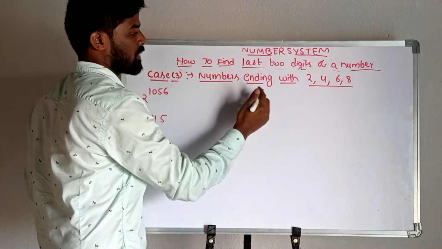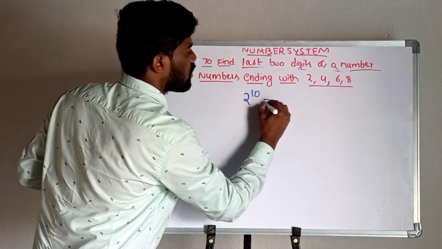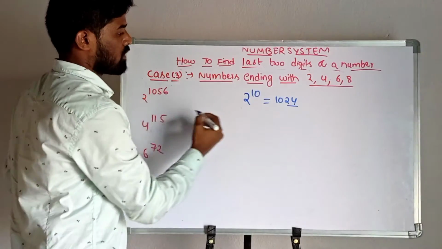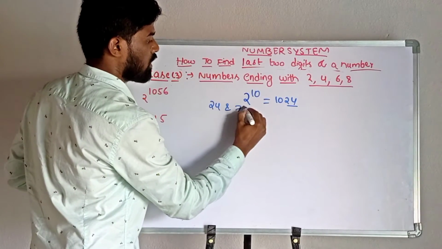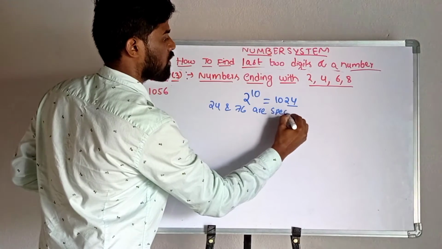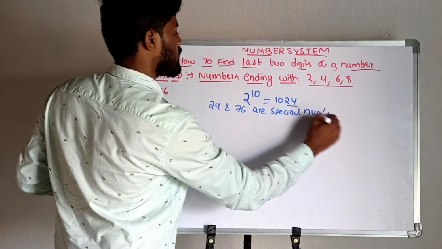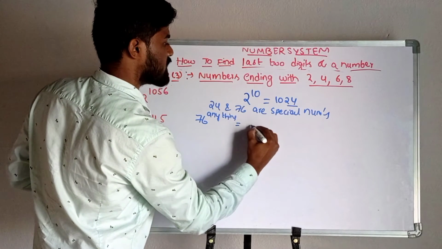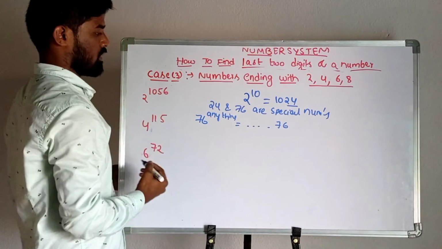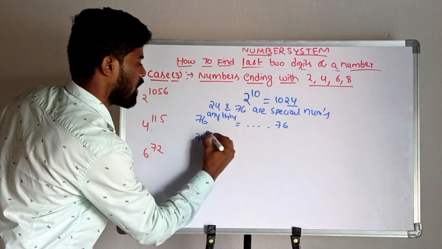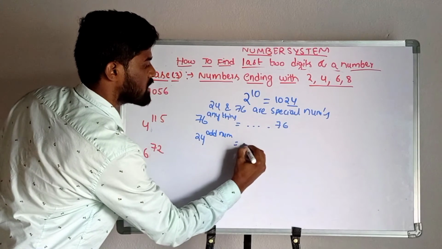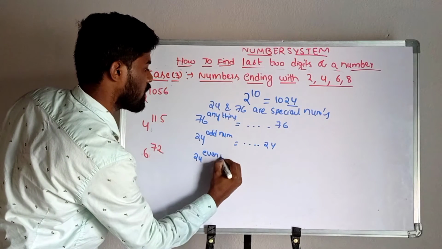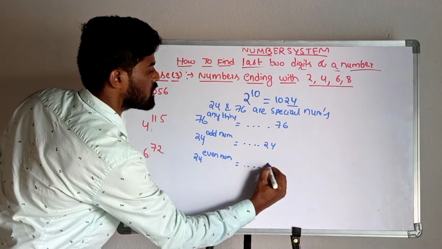There are some rules to this topic. We know that 2 power 10 is 1024. That is, 2 power 10 ends with 24. 24 and 76 are special numbers, because 76 power anything always ends with 76. 24 power odd number always ends with 24, whereas 24 power even number always ends with 76.